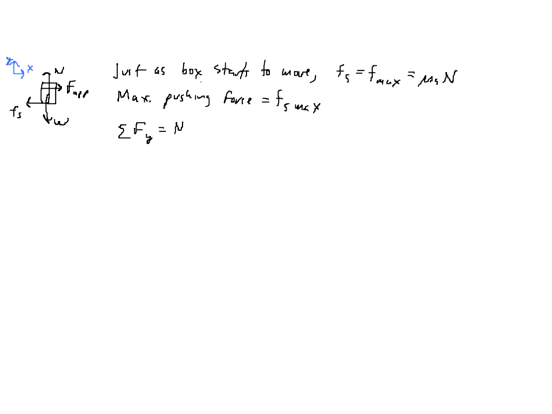So this is just another way of saying the net force in the y direction. We've got the normal force pointed upward, the weight pointed downward, equals m a y, and there's no up or down acceleration, so that's equal to 0. Weight equals m times g, so N equals m times g.